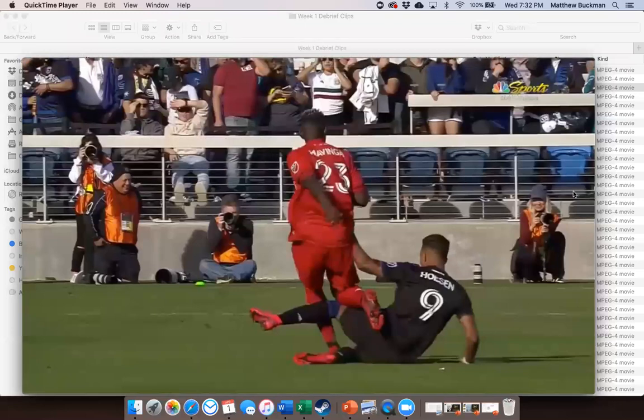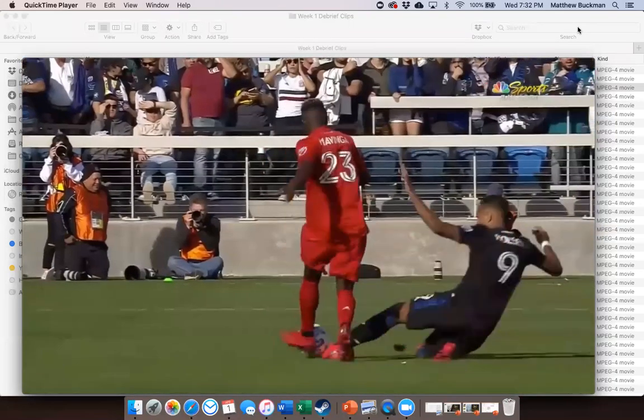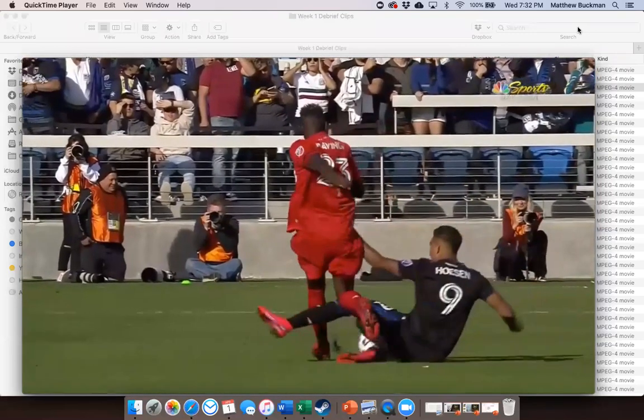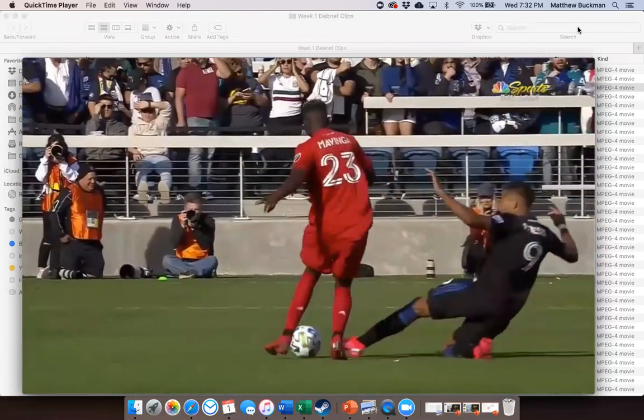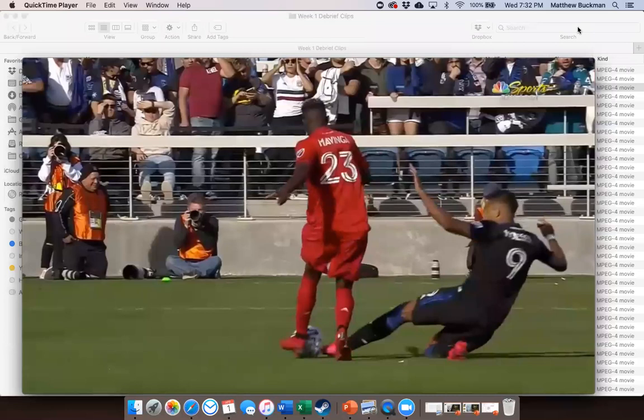So another question here was a touch on the ball first. That actually doesn't matter. There's a sentence written into the laws of the game, and it's in the considerations as well, that says it is a foul if you make unfair contact with the opponent after playing the ball. So if this player does play the ball here, if he jumps in and knocks this ball away right there, but the follow through is still this, now we're talking about two different things. We're talking about the challenge on the ball. If we imagine this knocks the ball away, clean challenge, no problem.